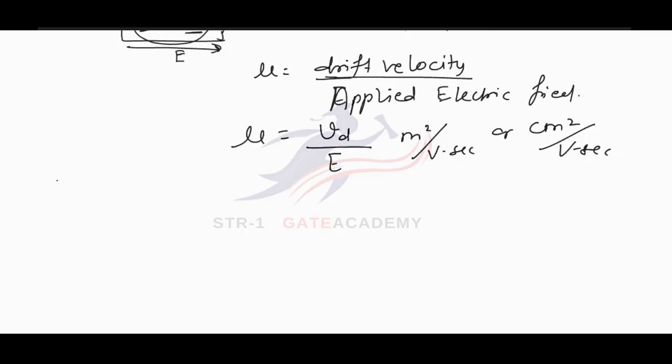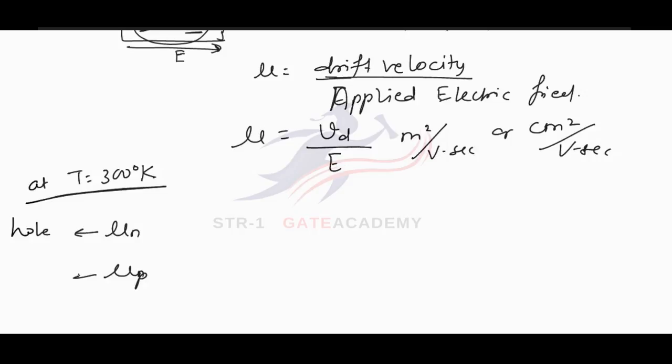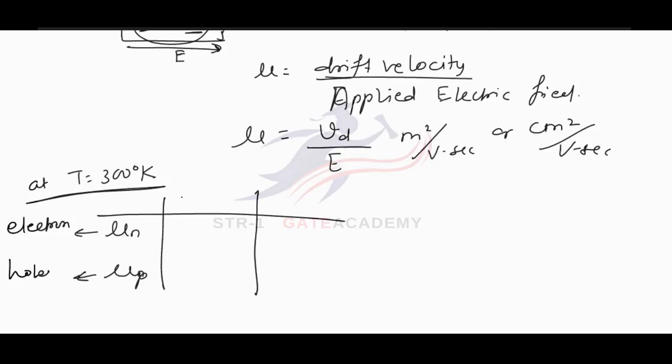Here are some values of mobility at T equal to 300 degrees Kelvin, room temperature. At room temperature, some values of mobility: mu n and mu p. Mu n is electron mobility and mu p is hole mobility. We will write the values of mobility for two materials, germanium and silicon.